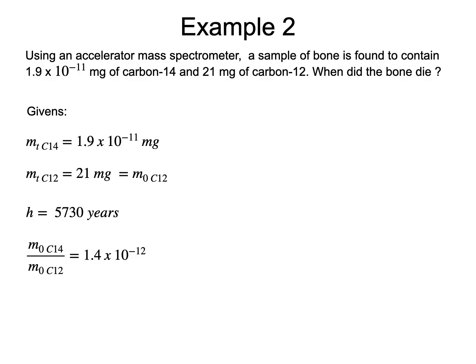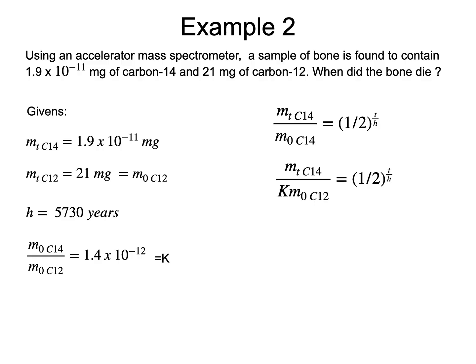In order not to drag the numbers in the equations, I will label this ratio as K. Let us start with the time dependency equation for the decay of the carbon-14. And next, use the constant ratio of carbon-14 to carbon-12 to evaluate the mass of carbon-14 at the time of origin.